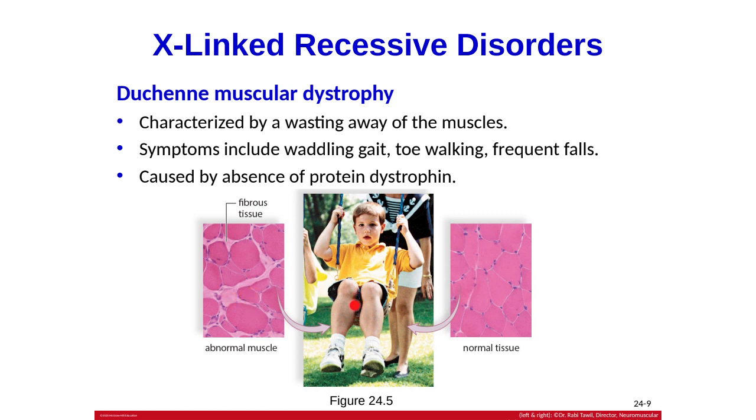But what you'll see as a characteristic is these children will have very thick legs, for example. That's because the muscles have gotten thicker, but they're actually very weak. And so again, they have frequent falls. They don't have a lot of strength, even though the legs look large. Now, this disease, because it's an X-linked recessive disorder, affects males much more often than it does females.